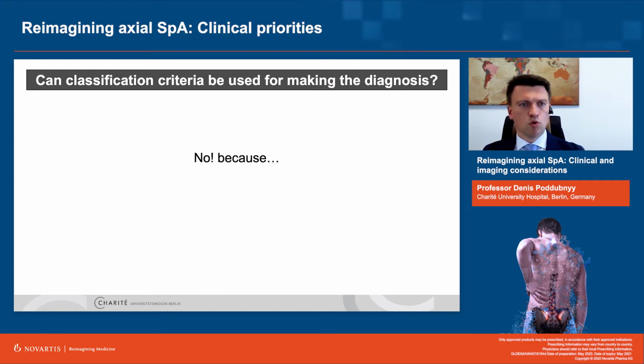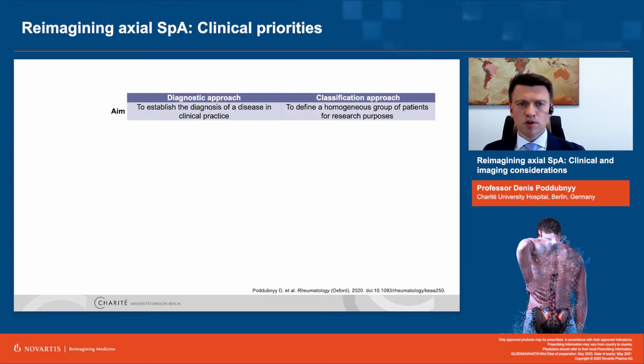in more detail. The first point is that the aim of the diagnostic approach as compared to the classification approach is totally different. With the diagnostic approach, we aim to establish the diagnosis of a disease in clinical practice.